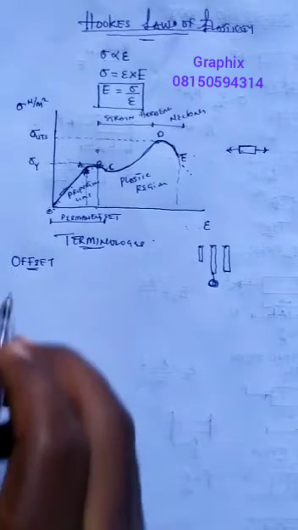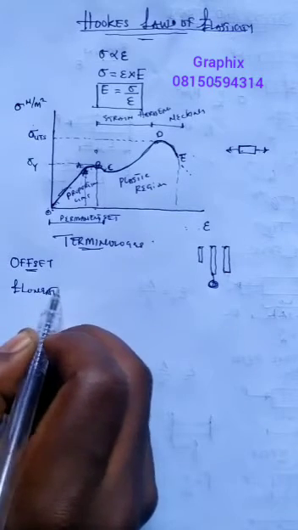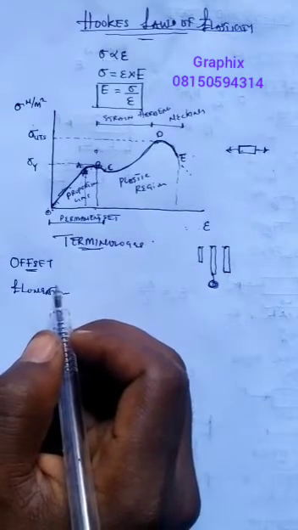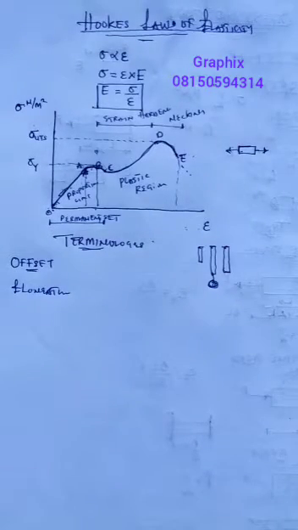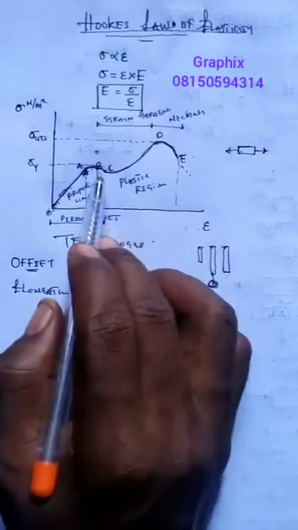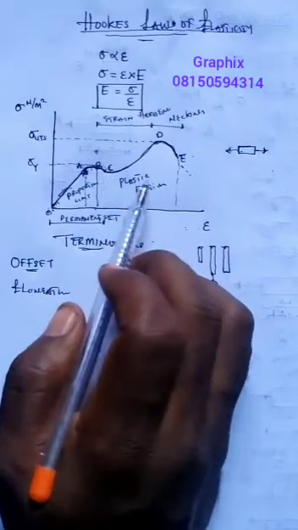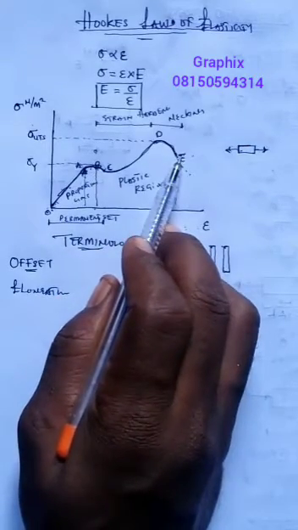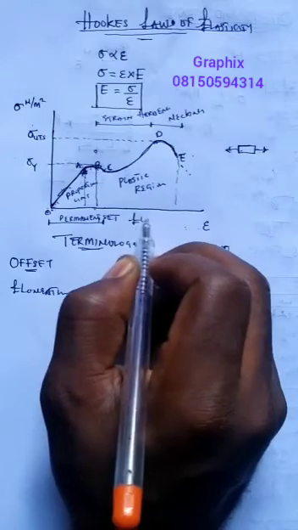Now the next thing we talk about is elongation. We say elongation is the measure of deformation before the material breaks. So that means from point B to E is what we call the elongation.